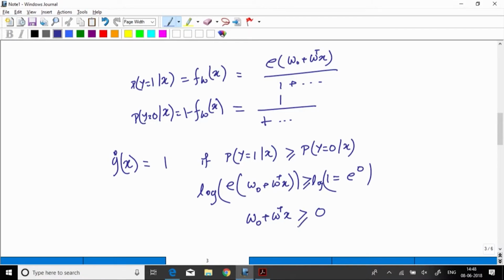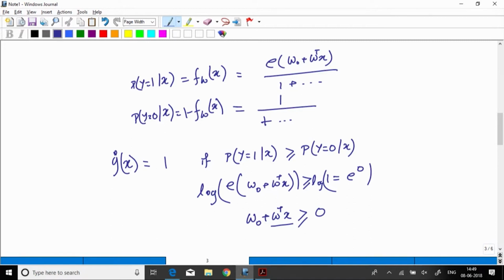So actually our decision boundary depends on the value of a linear function, linear over x, the sample. The decision boundary is: if this linear function has a value greater than 0, then it will be class 1, and if it is less than 0, then it will be class 0.